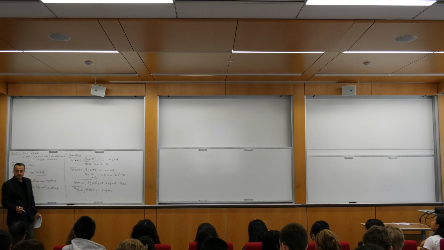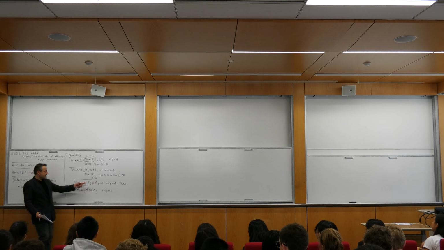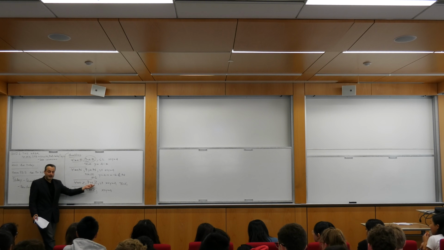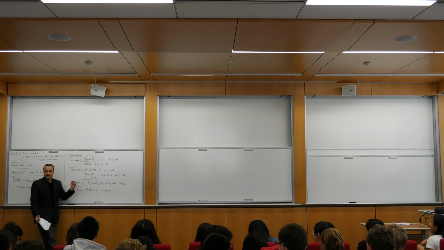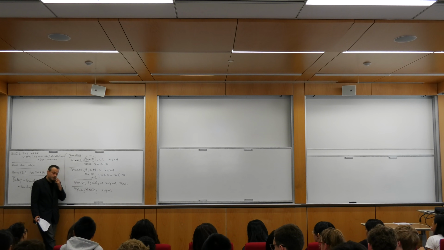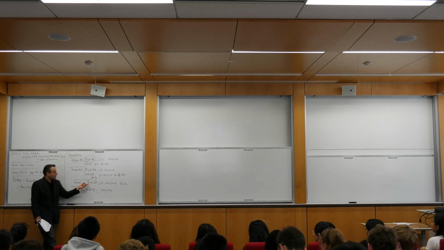True or false? So it's the same statement except I changed the order of the quantifier. There exists a y such that for every x, and so on. True or false? False, yeah.